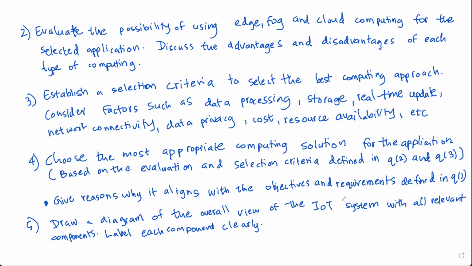So this is actually about a vehicle monitoring IoT system. Based on the requirements of that IoT system, you need to select the computing method that you will be using. So I will erase this.